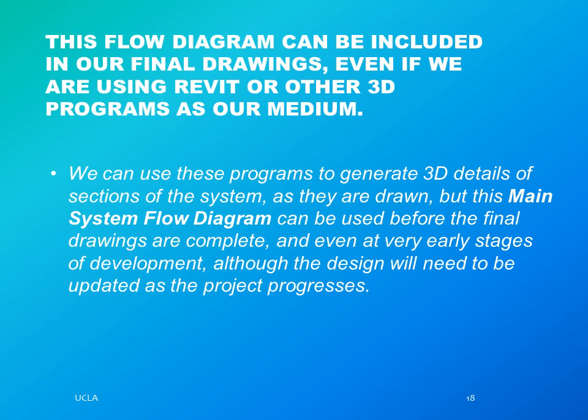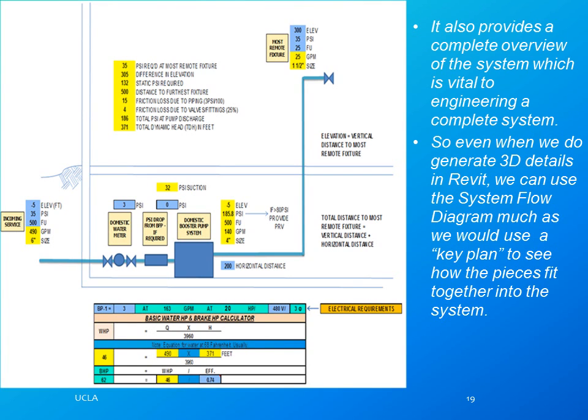It can be used even at the very early stages of development, and it helps in the design process. And it will probably need to be updated as the project progresses if we're going to keep it. I like to keep it on the drawings, but I made it myself, so I'm partial.